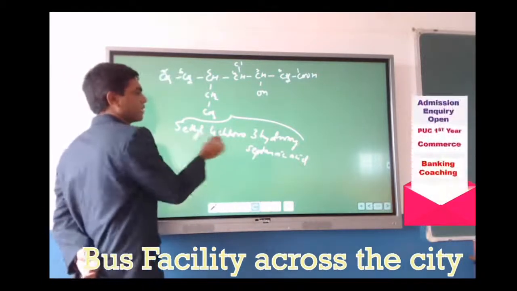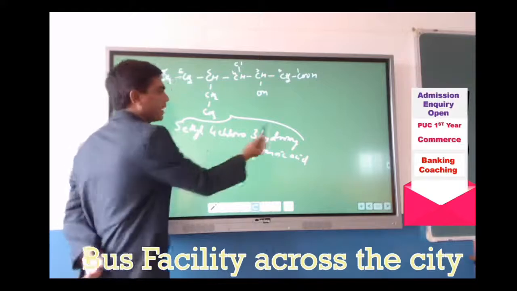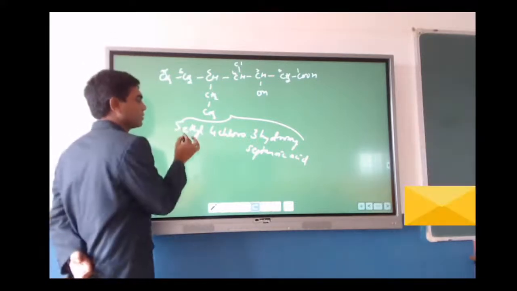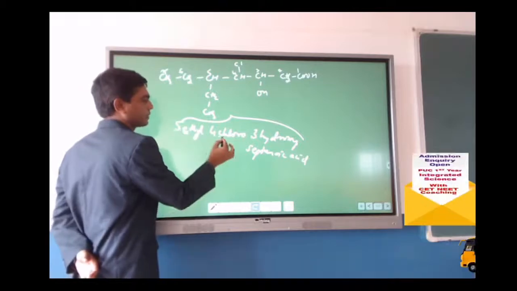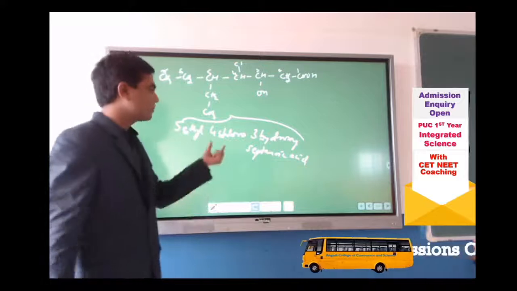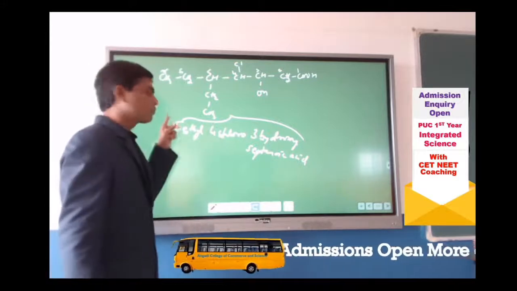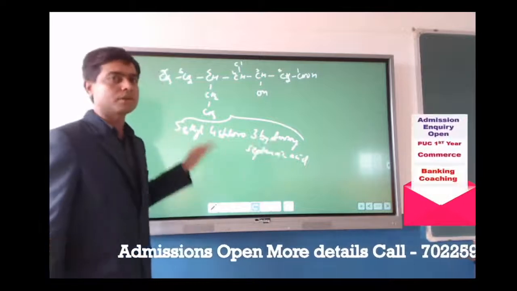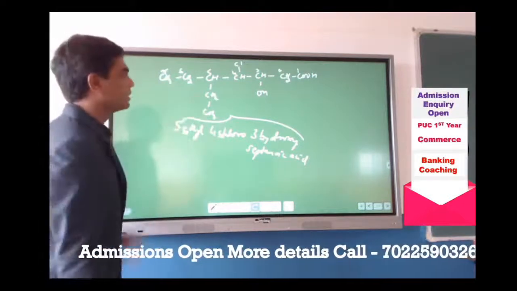Sir, I want to write chloro first, ethyl second, or hydroxy first, ethyl second. Can I write like that? Another rule is there. You should see the first letter: E, C, H. Alphabetically, who will come first? C. So write 4-chloro first. Then you write 5-ethyl. Then you write 3-hydroxy. That is another rule for naming compounds.